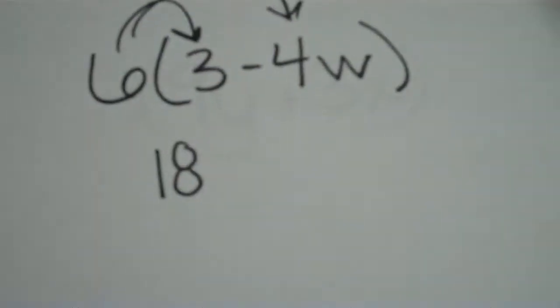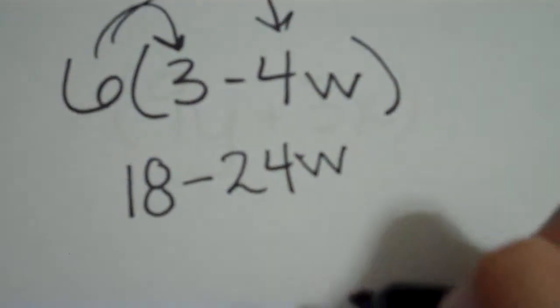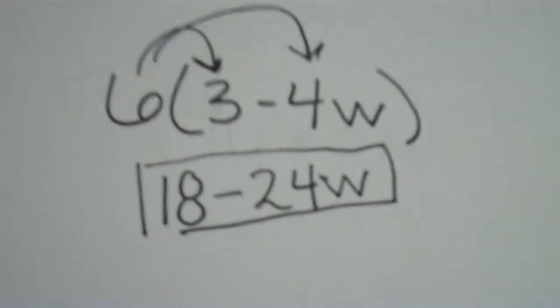Even though I know it's minus, it's the same thing. So 6 times negative 4. So calculator, 6 times, and negative's down here, negative 4 is negative 24. So I put negative 24 or minus 24, it's the same thing. And then we just bring down the w. Okay? Very simple, very easy.